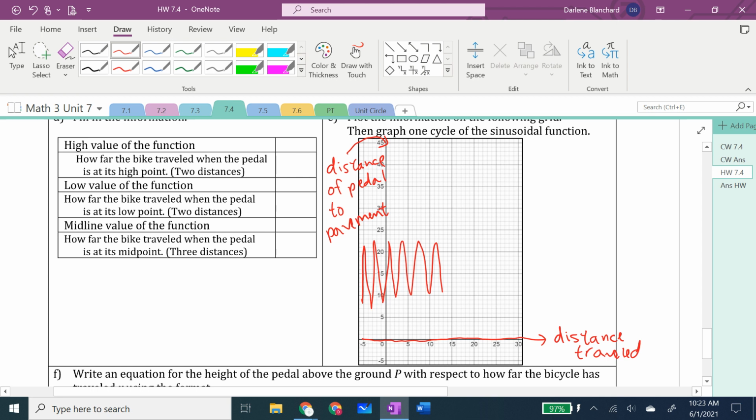So sometimes when you're reading word problems, you do have to read them a couple of times and fix things. Know that when you're dealing with anything that is sinusoidal, the issue you're looking for is what is it that's going back and forth? That has to represent the y-axis.